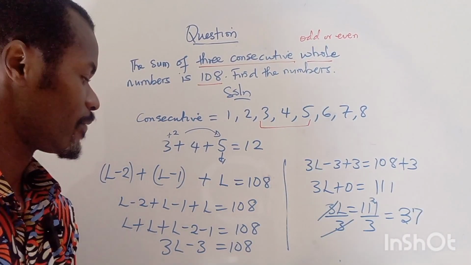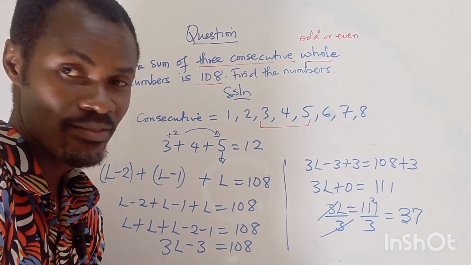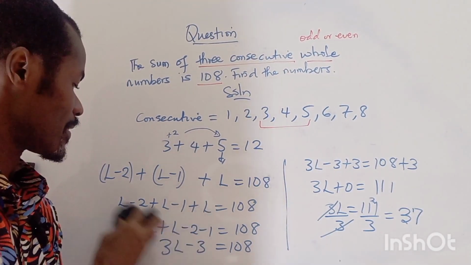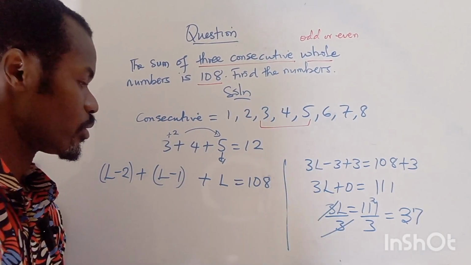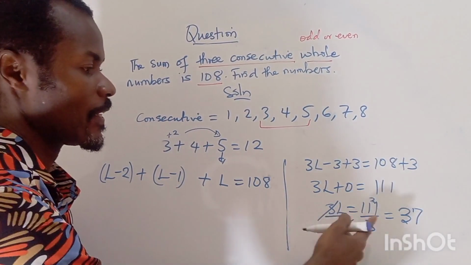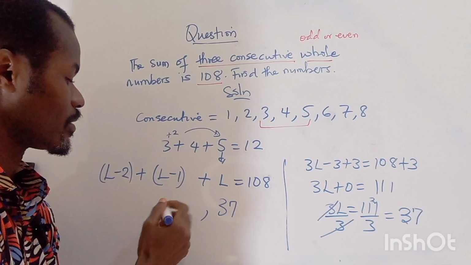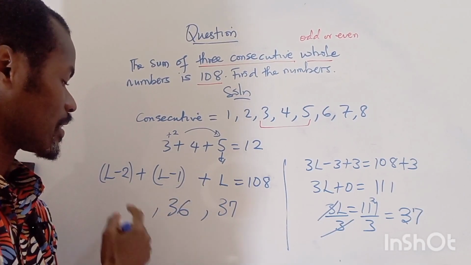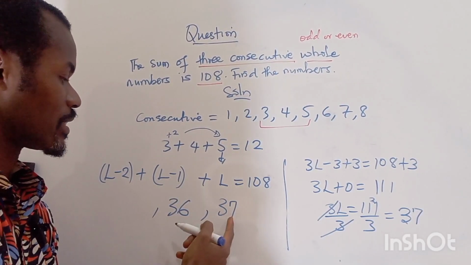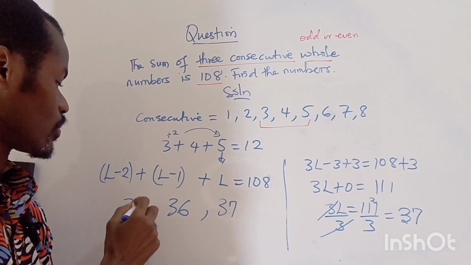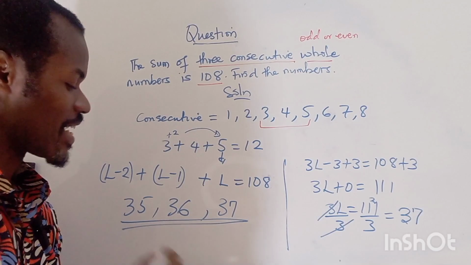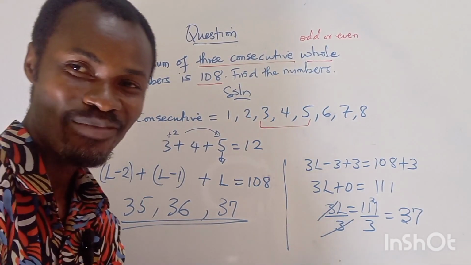So it means we have 37. So 37 is this last term. So the numbers are going to be, since L is 37, so this is 37. The next one is going to be 37 minus 1, which is 36. And the first one is going to be 37 minus 2, which is 35. So these are the numbers to this simple problem.